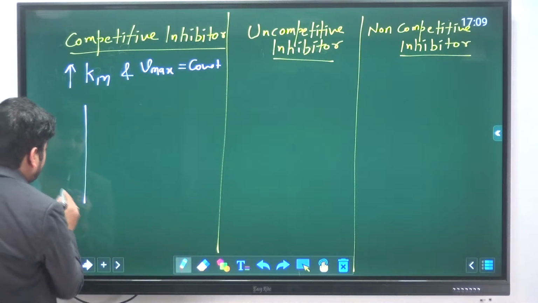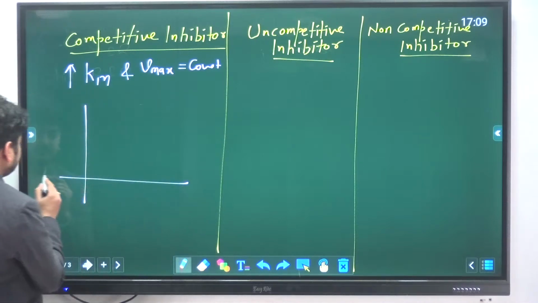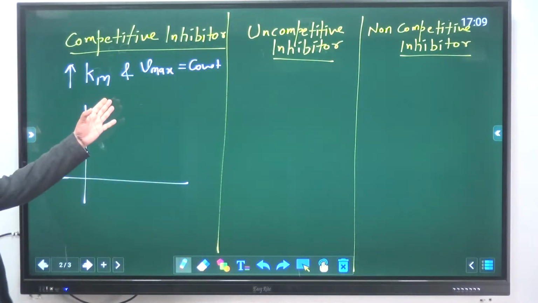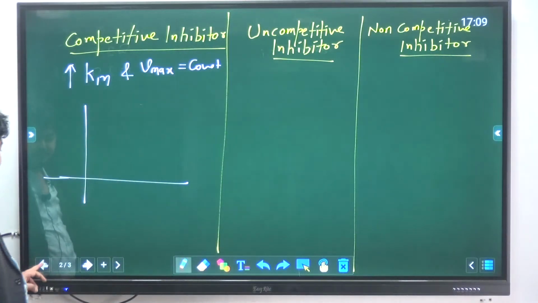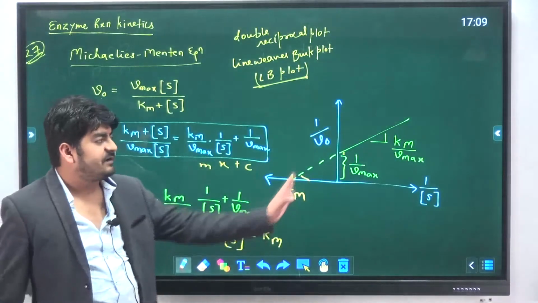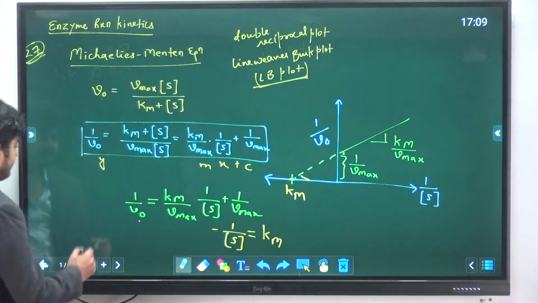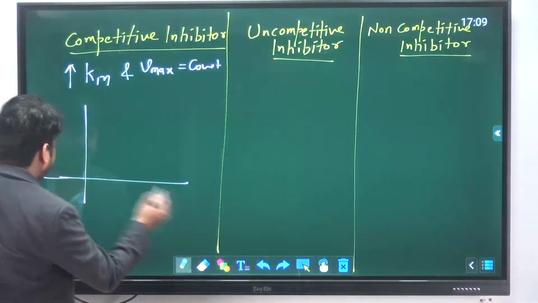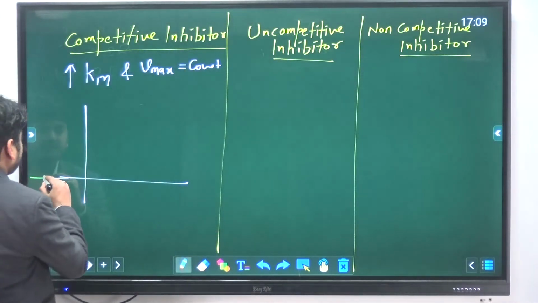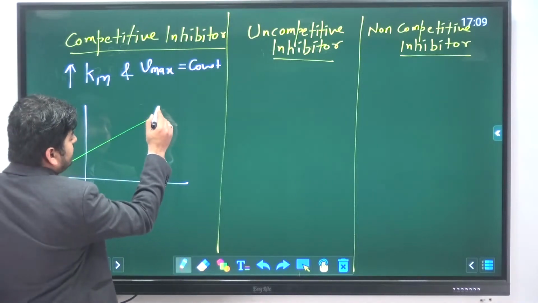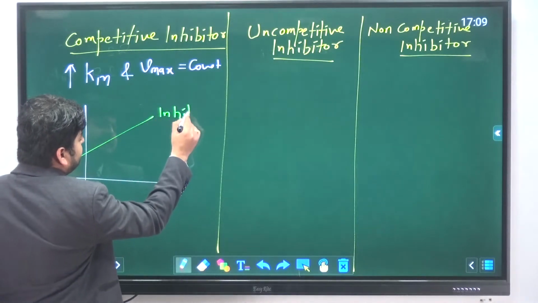If you look at the LB plot, when there was no inhibitor, only the substrate, the curve was something like this. This was the curve when the inhibitor was absent.